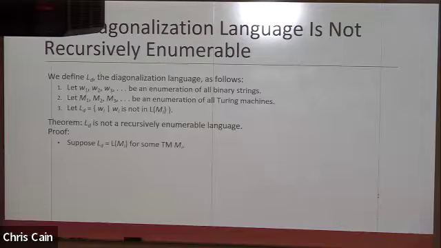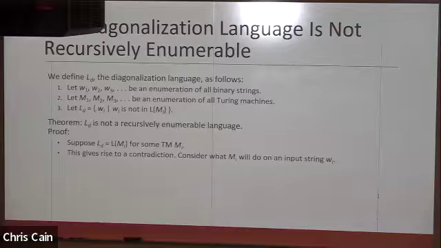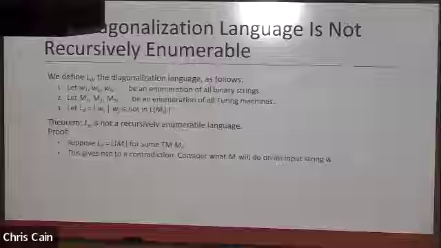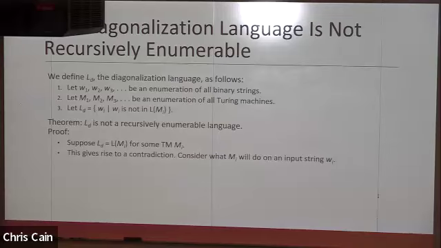So to show this, we would say by contradiction, we're going to assume that it is recursively enumerable, and the diagonalization language is the language of some Turing machine that would accept it. So what happens when machine i looks at input string wi?